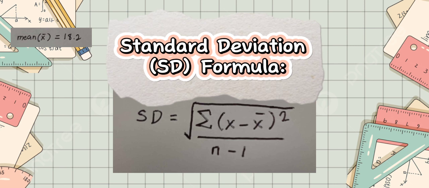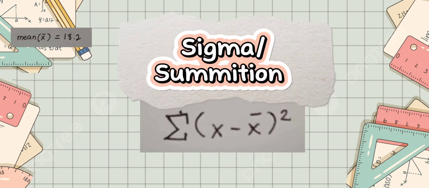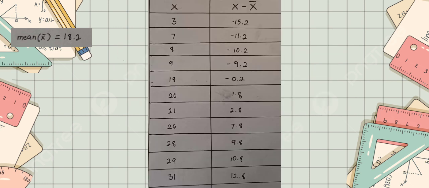Now, we will look for our standard deviation. This is the formula of standard deviation. So, in order to get our standard deviation, we must look for our sigma first. First thing to do to get our sigma is we need a table.